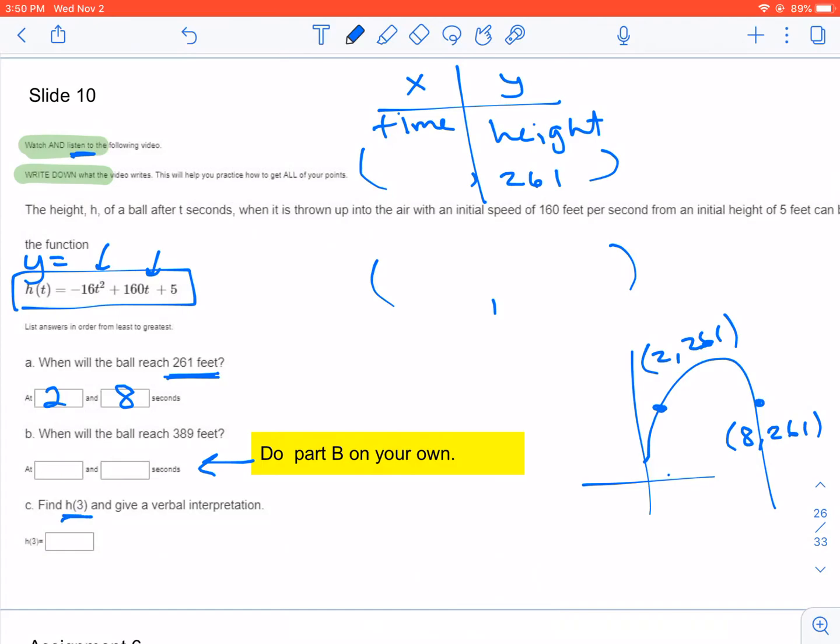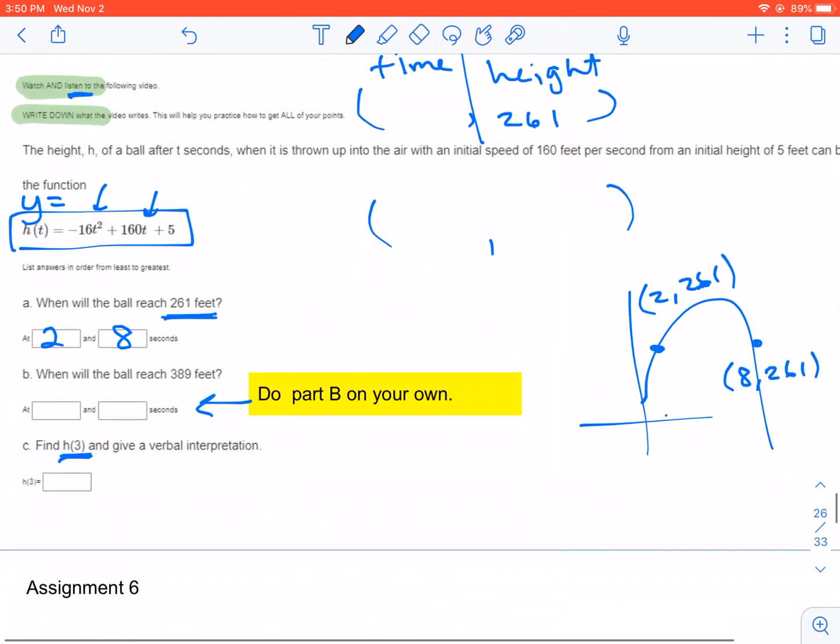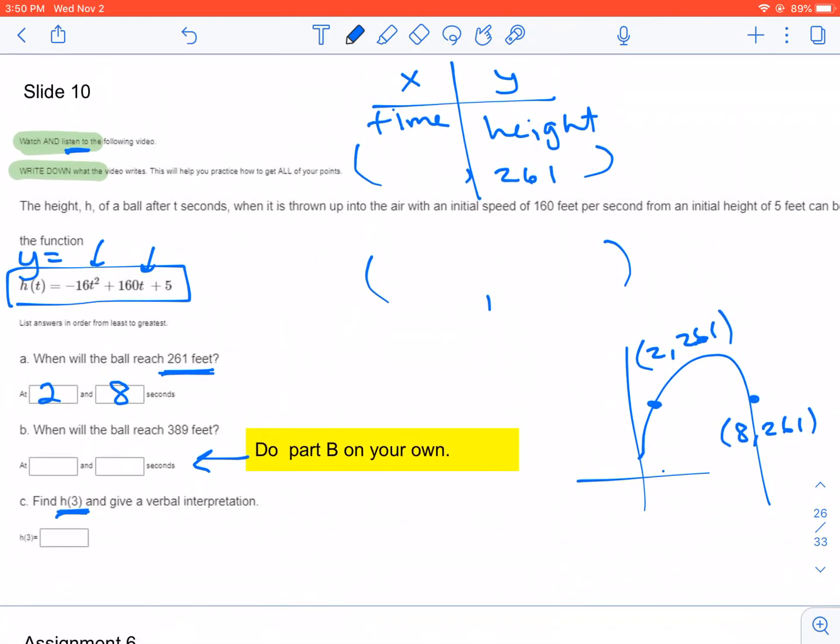And then we also have this right here, h parentheses 3, and give a verbal interpretation. So the verbal interpretation, it looks like I don't have answer blanks for that, so I don't know if I didn't paste it in or if maybe it's on one that you have to do by yourself. So we're going to extend that question.